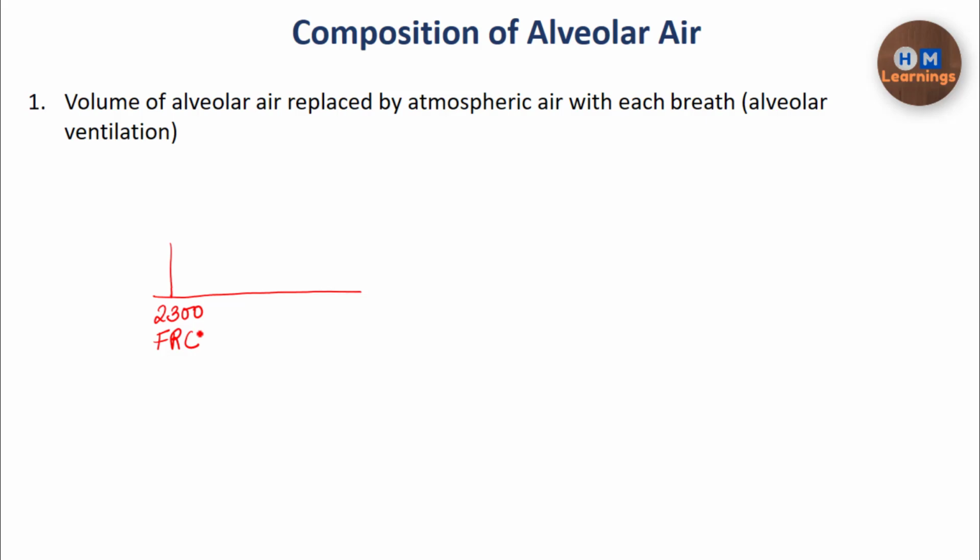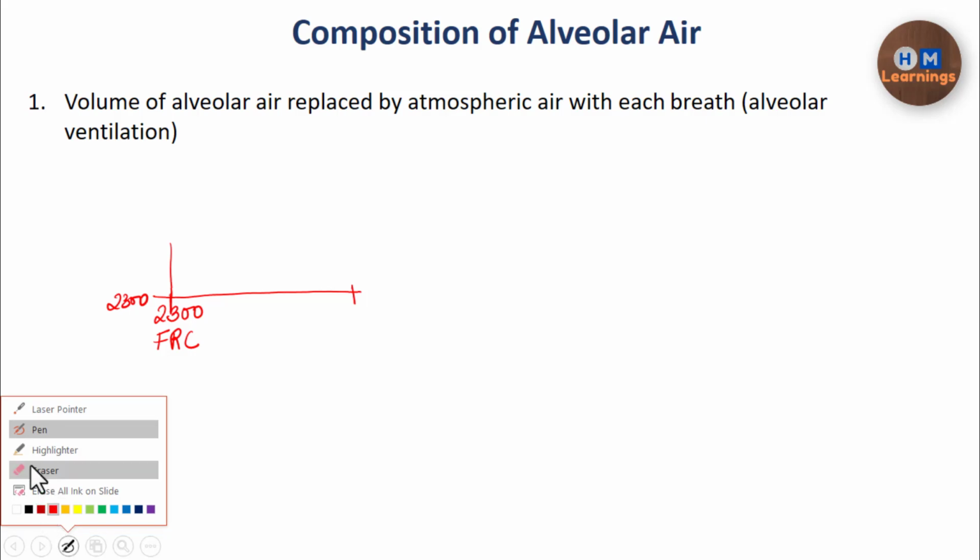Now what happens when a person starts inspiring? If the rate of breathing in a person is 12 breaths per minute, then the duration of one breath is 5 seconds, and the duration of one inspiration will be around 2.5 seconds. Here your x-axis is showing us the time.